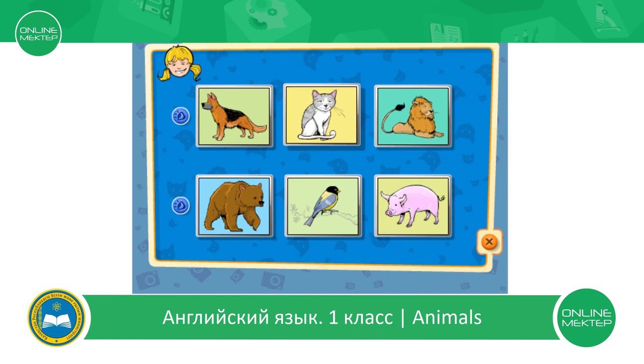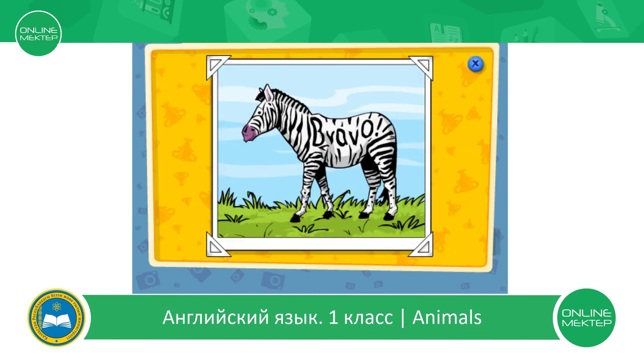Oh, this is a cat. Right, he is my cat. Come, kitty, kitty. Next. Look at this bear. Where's the bear? Great. You're right. This is a bear.